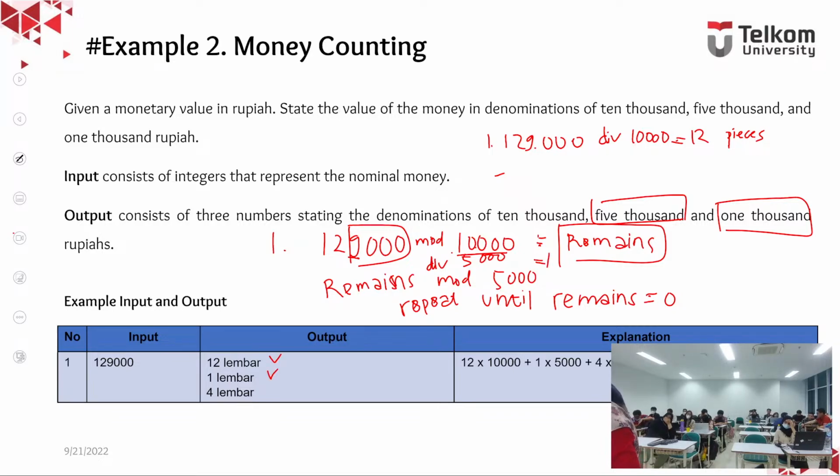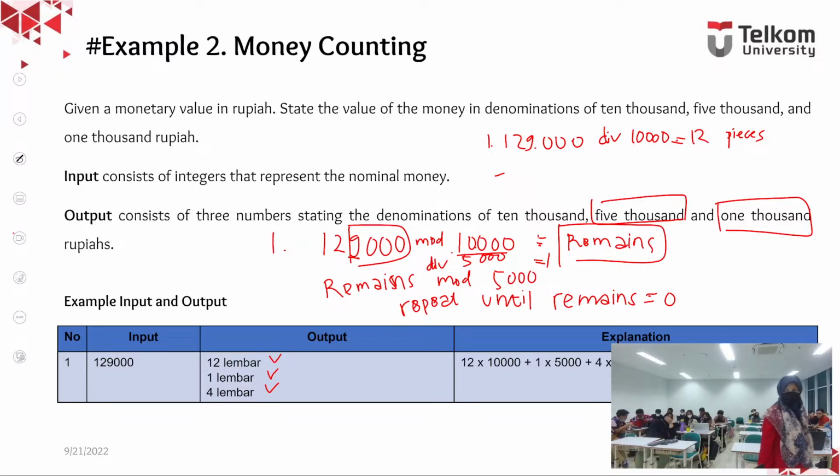And then we calculate the remaining again with the mod operation. 9,000 modulo 5,000 will be 4,000, right? And 4,000 divided by 1,000, the result is 4. Is there any remaining value? No. And then we already have all values covered by this basis.